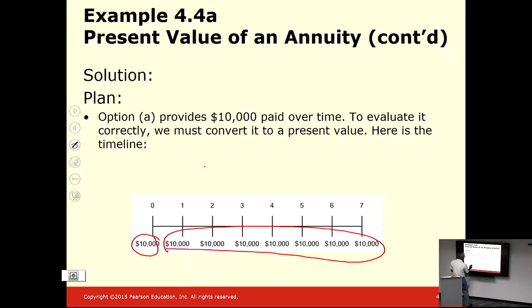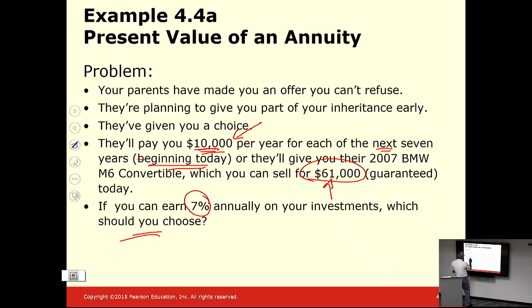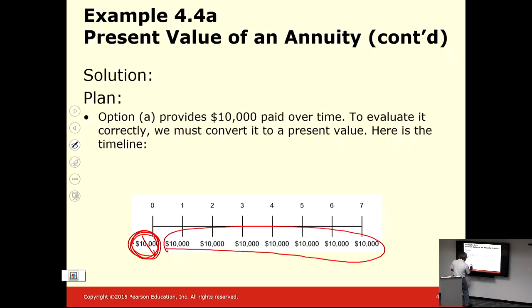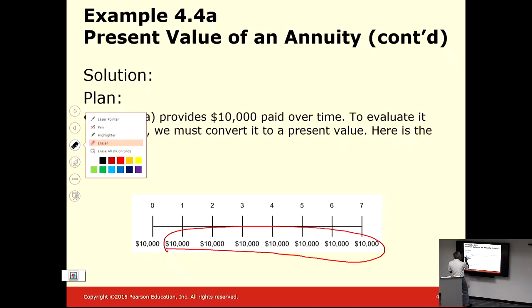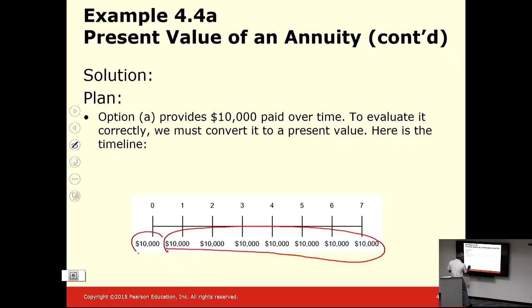That's the key part, the beginning today part, that gives you this number. If this was not here, then this would not be here. Since that information is there, which says it's beginning today, that's 10,000, and then 10,000 each year for the next 7 years. So essentially I have to calculate the present value of this.